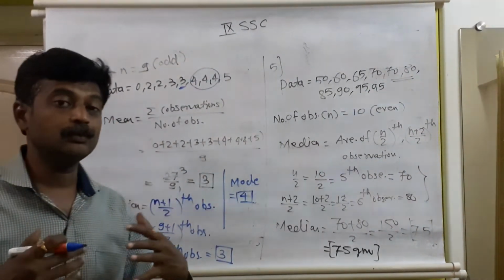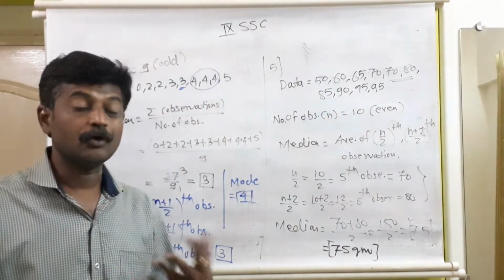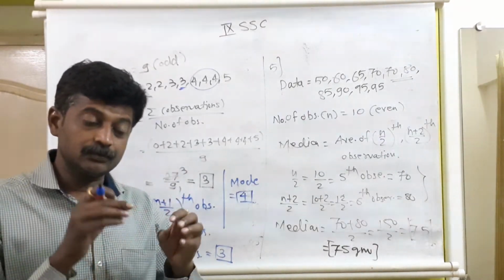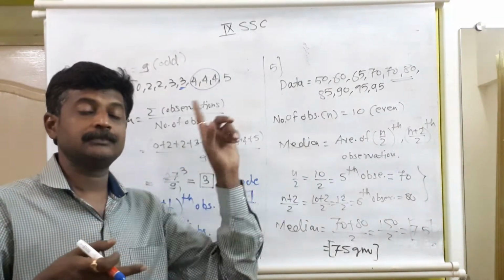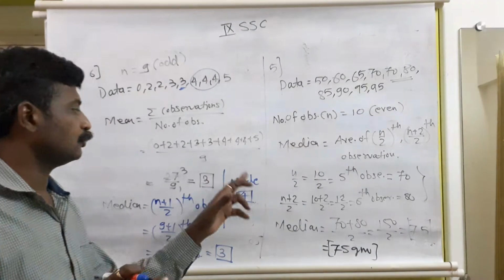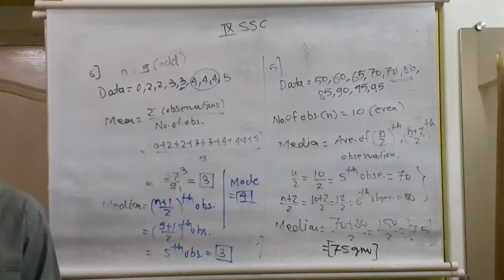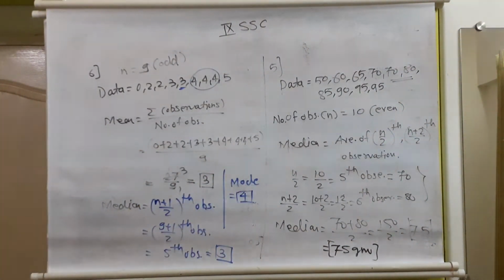The observation which occurs maximum times, not how many times. So here 4 occurred the maximum number of times, so the mode is 4. So question number 6, these are the scores won by one of the hockey players in 9 matches.